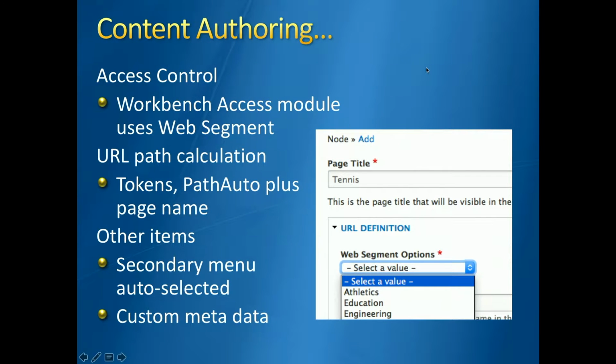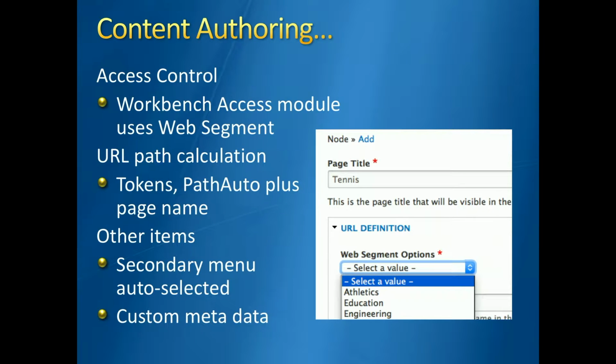When they author content, the first thing they do is select the web segment that they're authoring this node for. And they only see the list of web segments that they have access for. That selection automatically takes care of their URL path calculation.